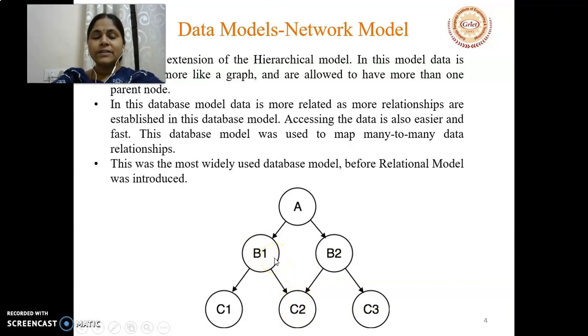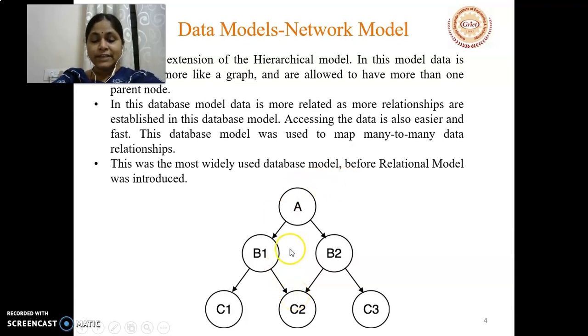representation is not present in the hierarchical model, and that is the reason the network model is the extension of the hierarchical model. In this database model, data is more related as more relationships are established. That is, we can have many relationships in this model.